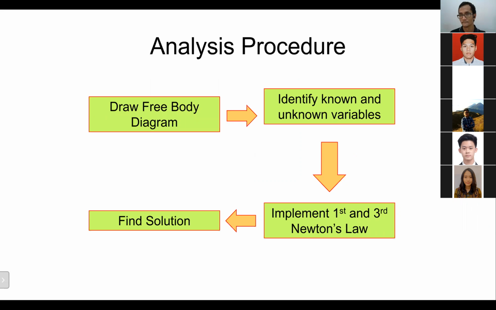Then after that, identify known and unknown variables. Then solve the problem using Newton's law, which is basically sigma Fx equals 0, sigma Fy equals 0, and sigma moment equals 0. Then calculate the solution. That's the step-by-step to solve the problem, always like that.